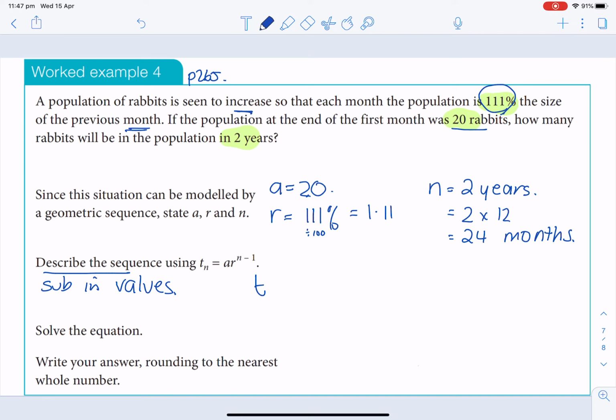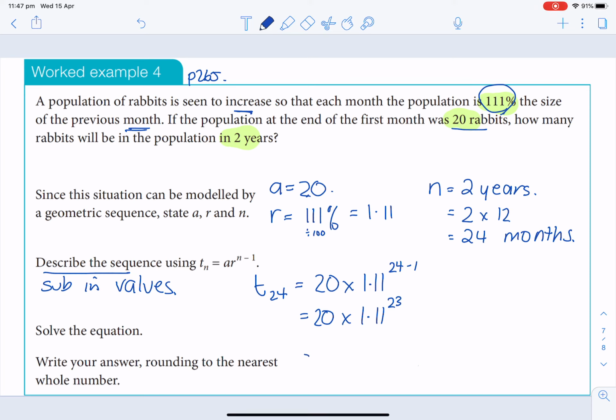So T of 24 is equal to 20 by 1.11 to the power of 24 take 1. We'll simplify that. And that is your sequence. Now we just need to solve it.